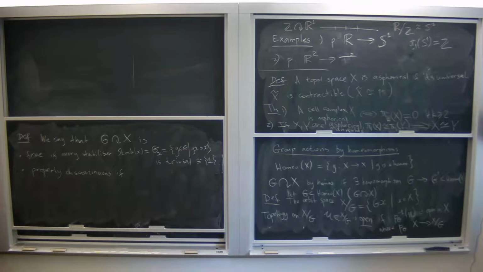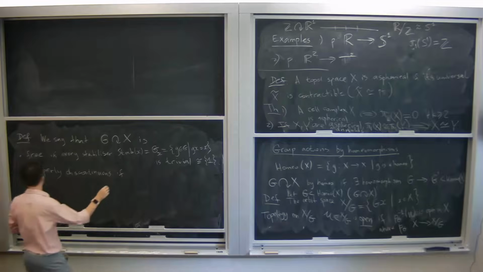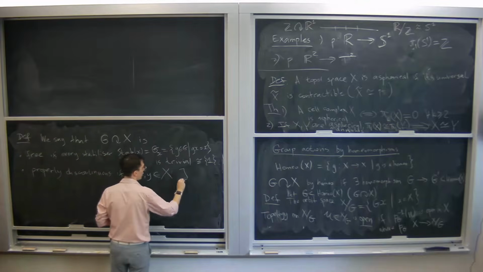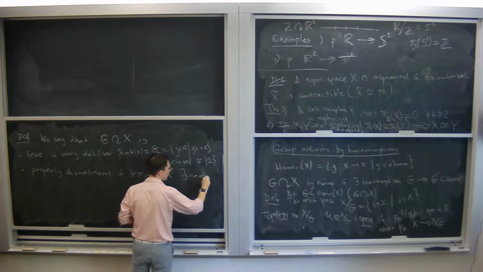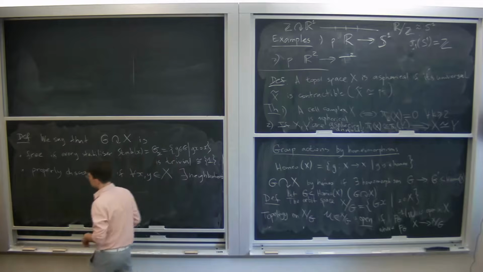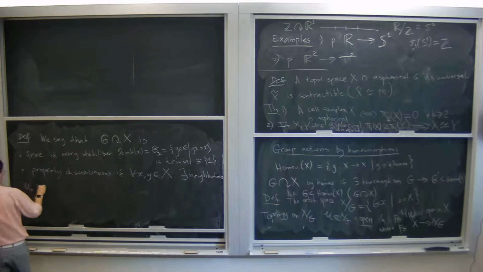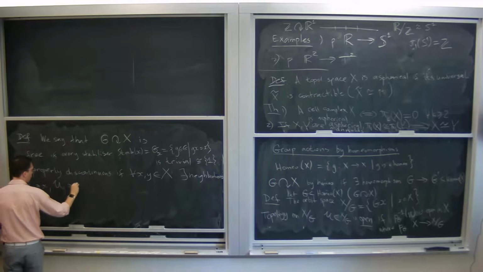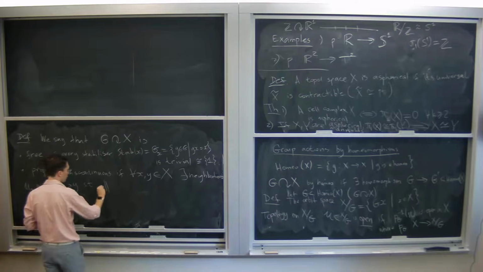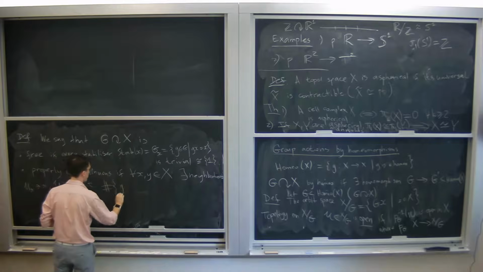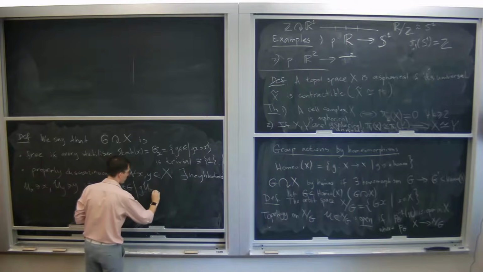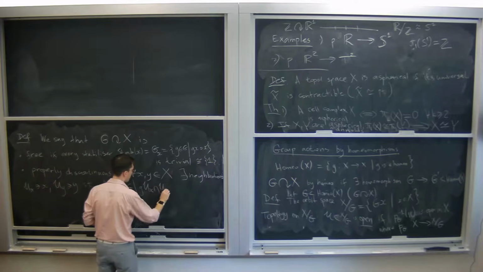So if for every two points X and Y in X, there exist neighborhoods UX containing X, UY containing Y, such that the following set is finite: the set of all elements g in G such that g applied to UX intersects with UY.